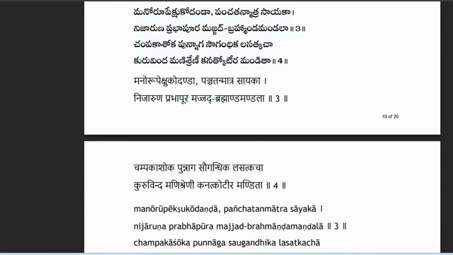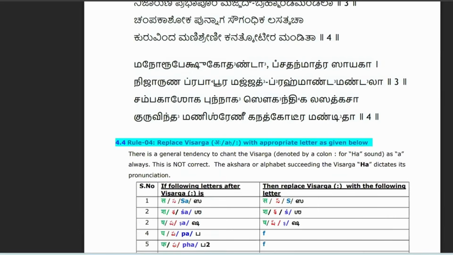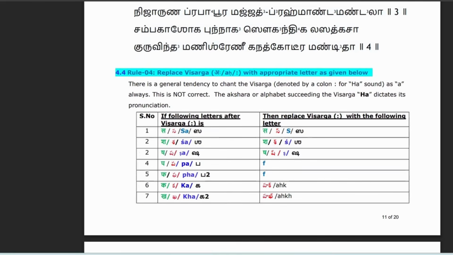Rule number 4 is the Visarga rule. Visarga, as we said, if you see a colon or 2 circles, is pronounced as aha, ah, or aha, depending on how you learned it. There is a special rule for Visarga.